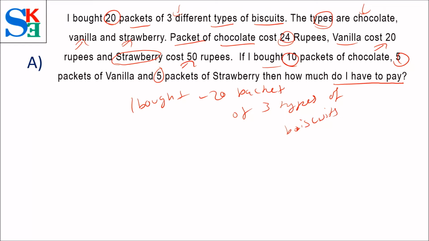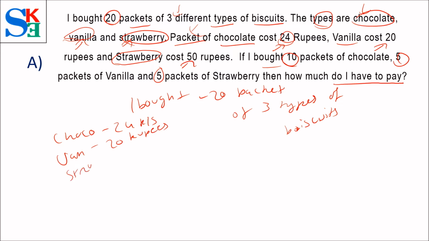So I bought 20 packets of 3 types of biscuits: chocolate, vanilla and strawberry. One packet of chocolate costs 24 rupees, one packet of vanilla costs 20 rupees, and strawberry costs 50 rupees.